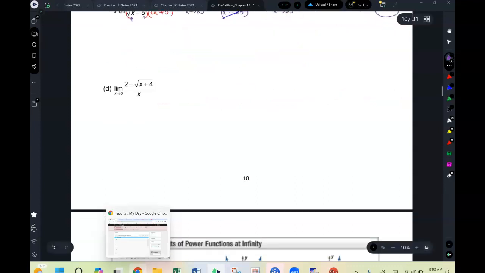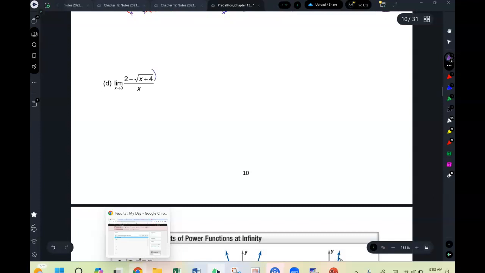Cool? All right. Look at this one. You plug in a 0 in the numerator, you get 2 minus 2 over 0. So that's 0 over 0. Okay, we have to do the conjugate of this. So we're going to multiply by 2 plus the square root, 2 plus the square root. Usually students forget to multiply the denominator.